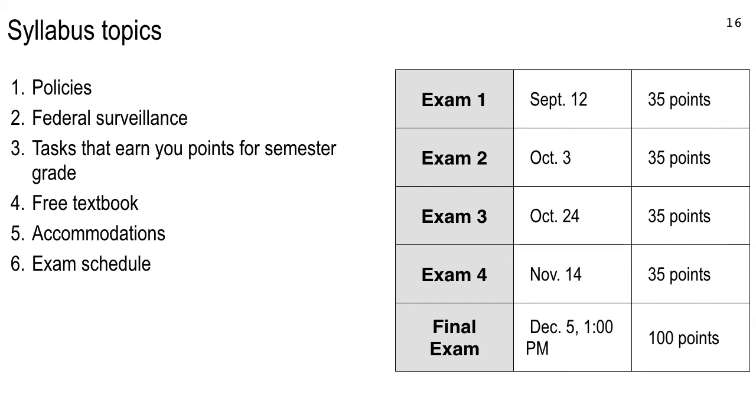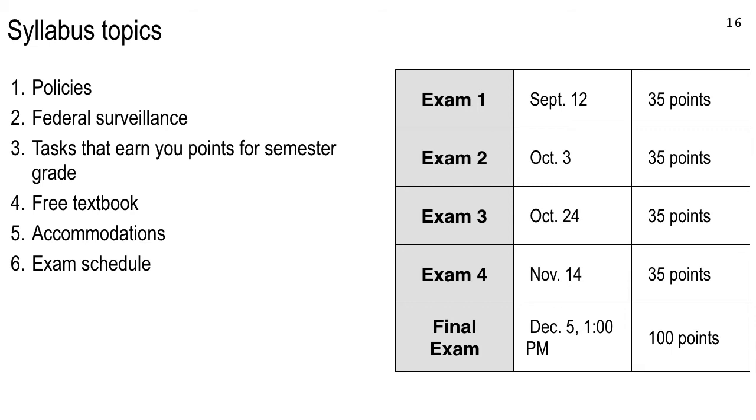All right, exam schedule. Here it is, and we've already talked about it. September 12th, October 3rd, October 24th, November 14th. That is not right. That's the morning section. You guys are December 9th at 1 p.m. I'm sorry, I modified some of this from the morning, but I forgot to modify that. It's correct on your syllabus.